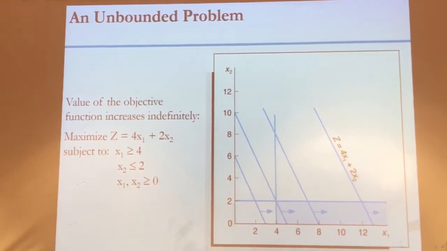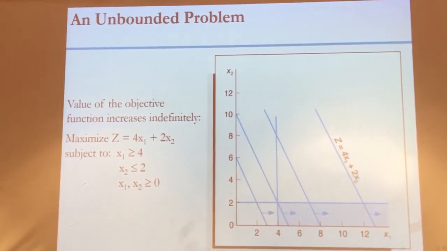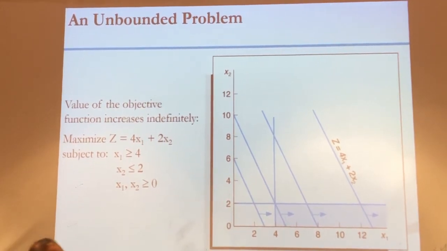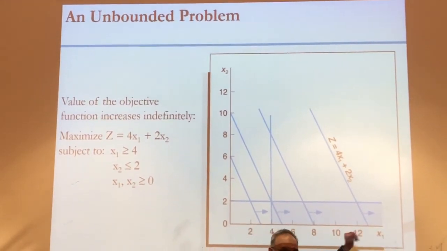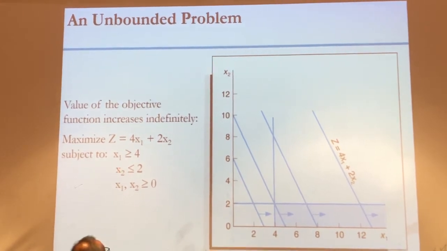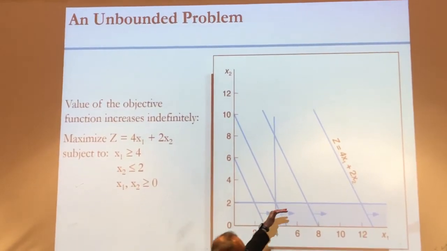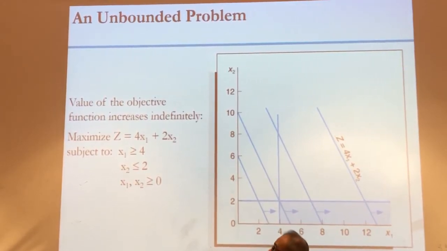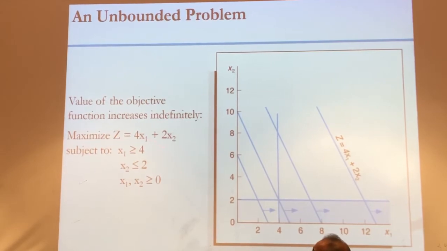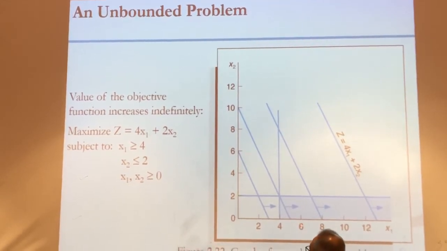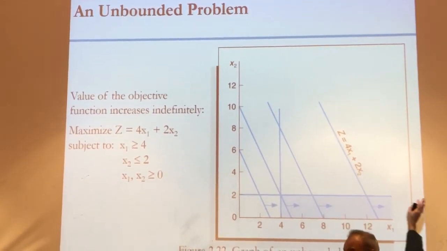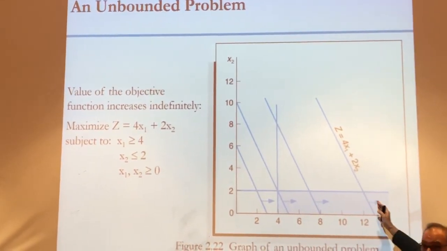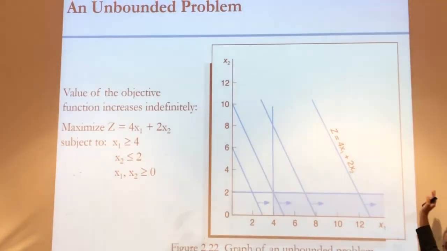Here it is, unboundedness is, if you draw these two constraints, x1 greater or equal to 4, this is the feasible region, and x2 less or equal to 2, this is the feasible region. But since this is your isoprofit line, you can draw the isoprofit line and increase it to infinity. There is nothing bounding it. You can make your profit go to infinity.